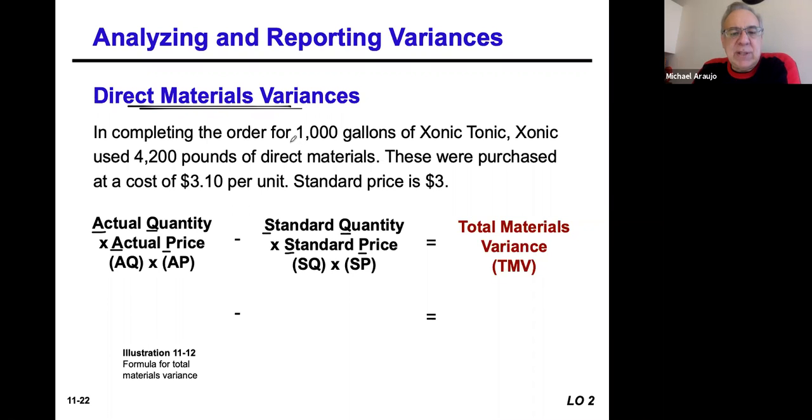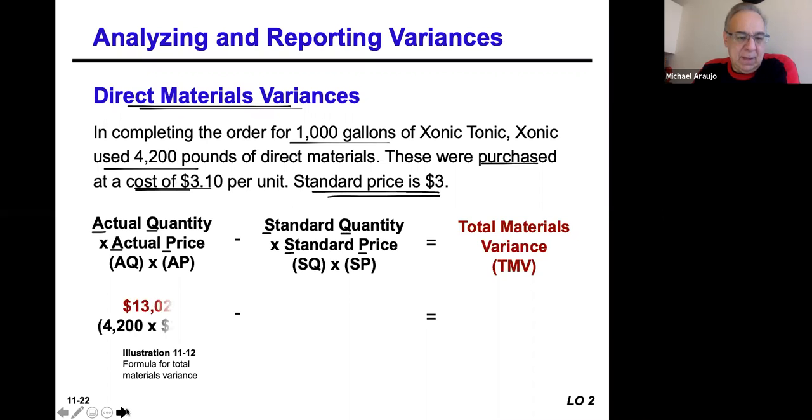For this 1,000 gallons of Zonic tonic, they used 4,200 pounds of direct materials. They were purchased at a cost of $3.10 per unit. However, the standard price was $3. So clearly the actual is different from the standard, and that's what we have to calculate. If you look at what we actually did, 4,200 pounds at $3.10 per pound, we spent 13,020 dollars.